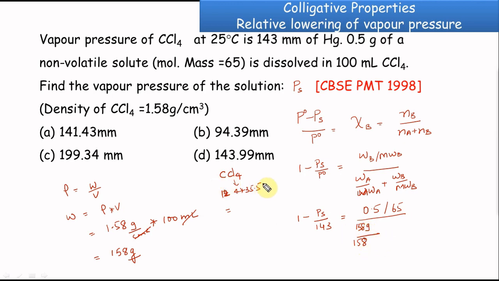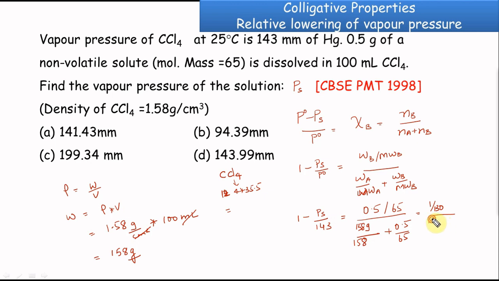So this is 35.5 times 4 will give you 142 plus 12, 154. I am approximating 158 plus 0.5 by 65. Now 0.5 by 65 is nothing but 1 by 130, multiplying numerator and denominator by 2 to make it 0.5 times 2 is 1, 65 times 2 is 130. 1 by 130 is a very small number.